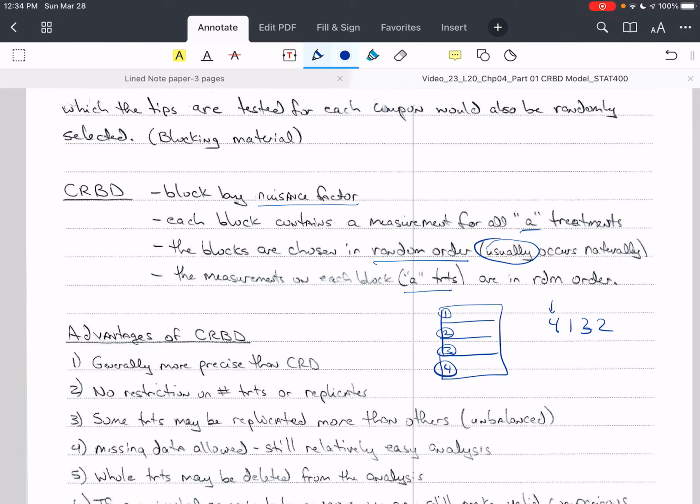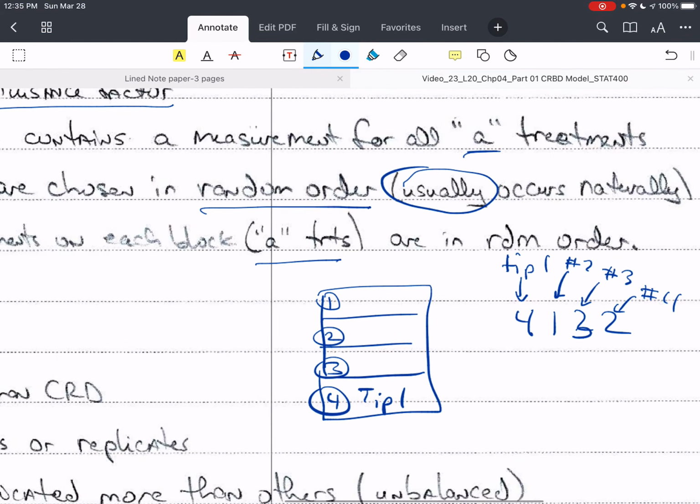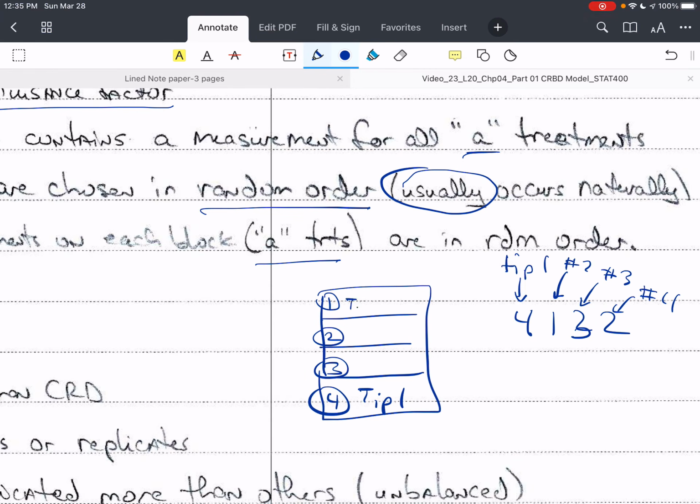And so this number would go with tip 1, this would be tip number 2, this would be tip number 3, and this would be tip number 4. So tip 1 would go to 4, tip 2 would go here, and tip 3 on this block would go there, and then tip 4 would go to number 2. So that's what I'm talking about, okay?